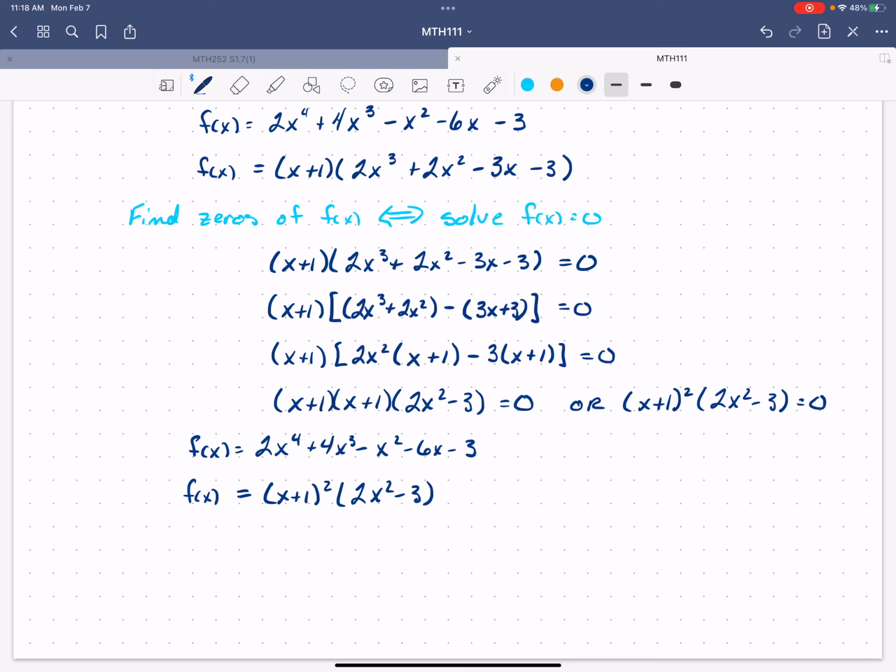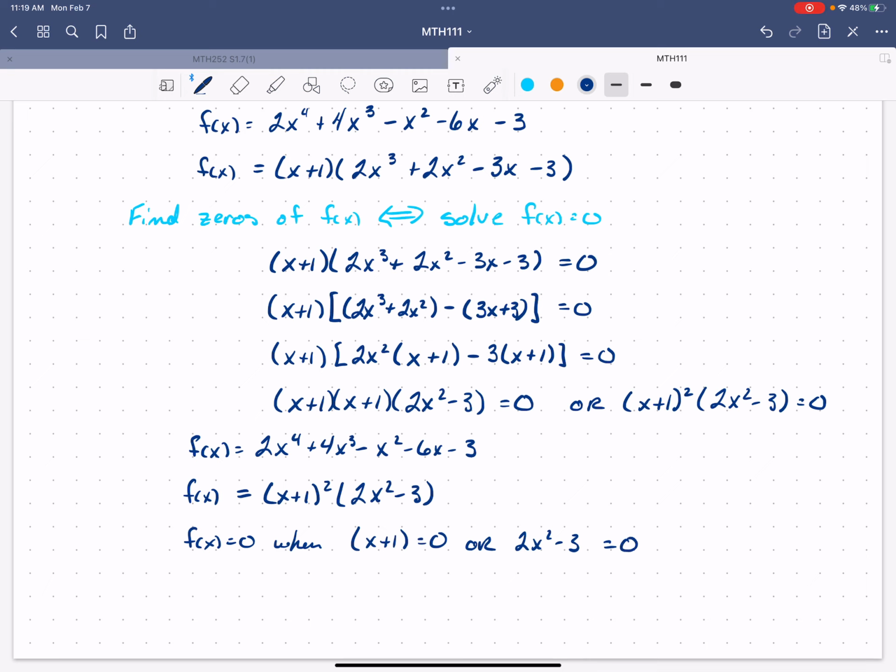But remember what we're trying to do. We're actually trying to find zeros. So this equals 0 when x plus 1 equals 0, or when 2x squared minus 3 equals 0.